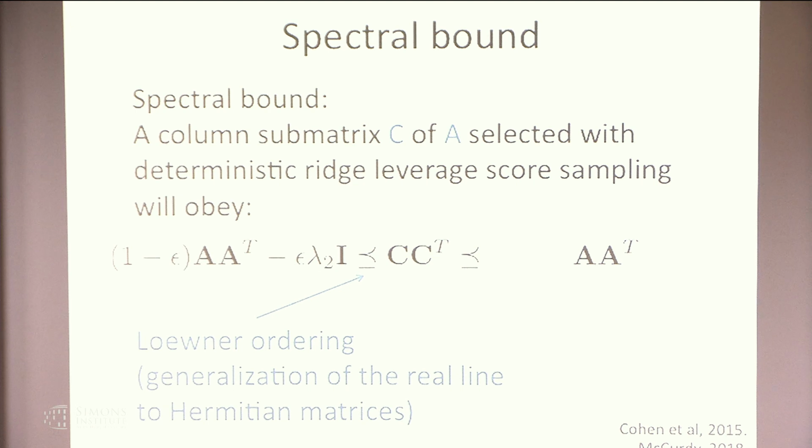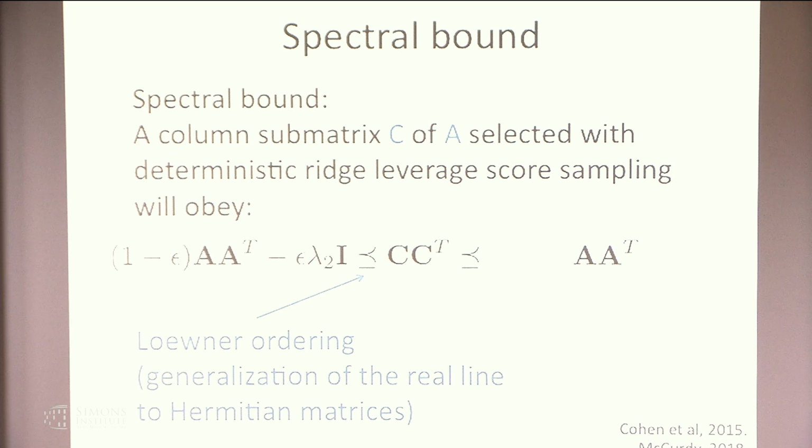This is an additive multiplicative spectral bound, and I should probably explain what this symbol is. This less than or greater than sign is called a Loewner ordering, and it's a generalization of the real line to Hermitian matrices. Just like for real numbers, we know that 2 is always greater than 1.5.